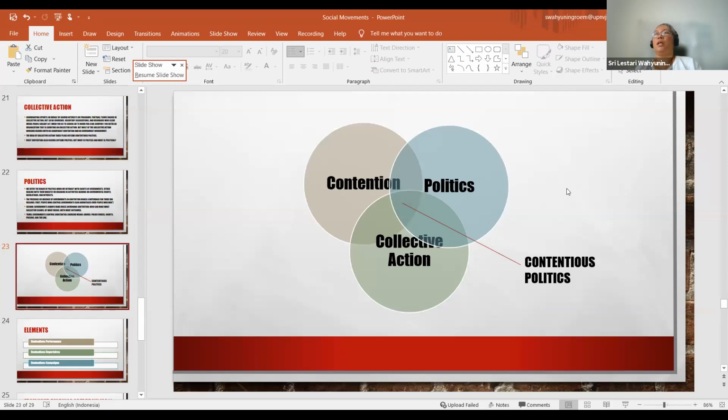So yes, if Amelia was asking whether social movement is political movement, the short answer can be yes, because as you see here, one of the characteristics of social movement is that it has the elements of politics. Yeah, Amelia.